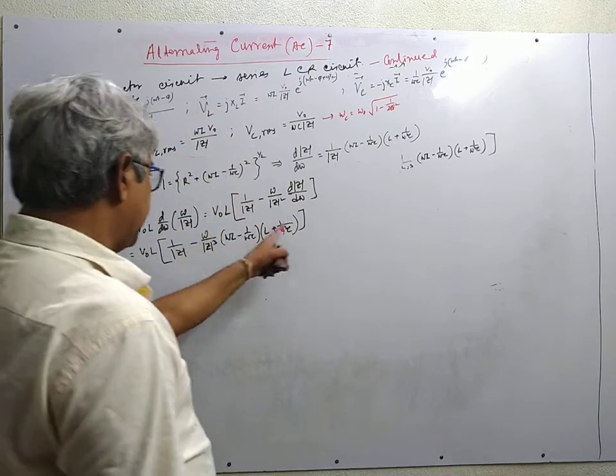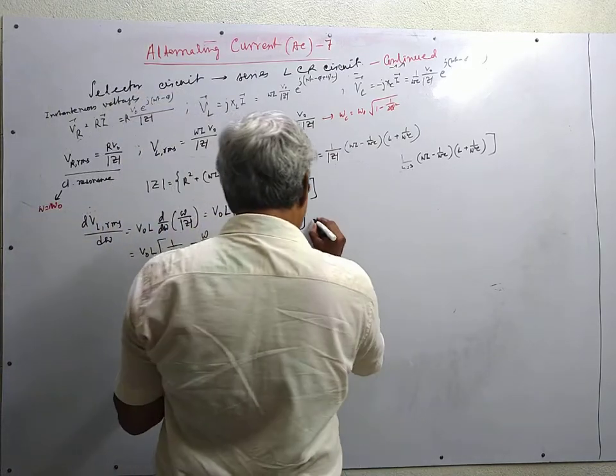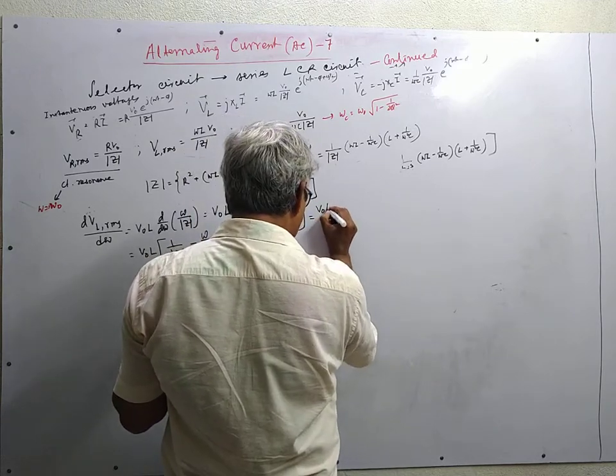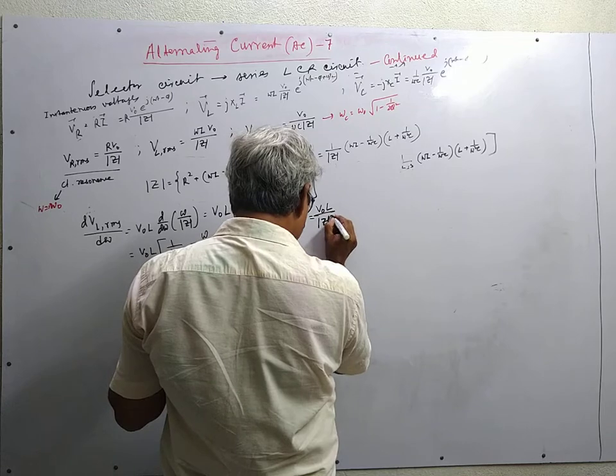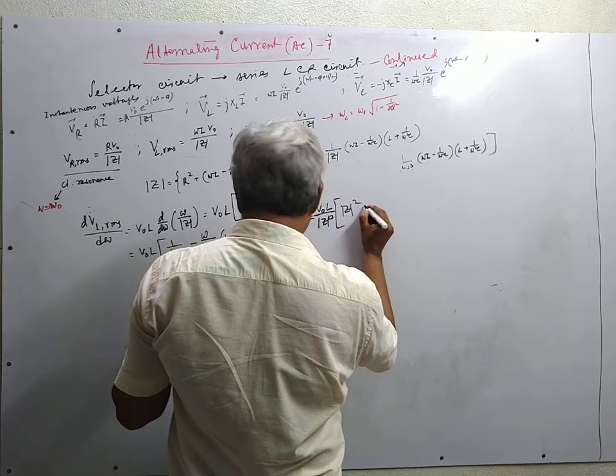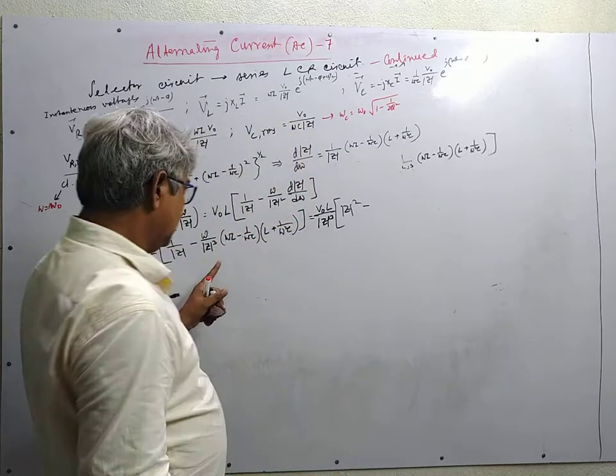Now if we multiply this and we take z cube common, V0L mod z cube common, so this is mod z square minus this.